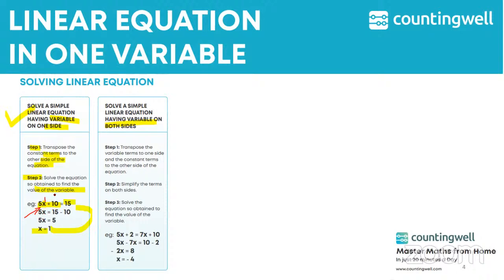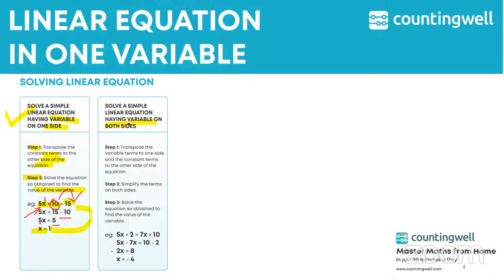So we transpose the constant terms. What is the constant term here? It is 10. So if we transpose to the right, plus 10 will become minus 10. So we have 15 minus 10, which is 5. Now what we do? We transpose 5. So transposing 5 to RHS, it is multiplied on LHS. So transposing, it will become divided. So we have x equals to 1.